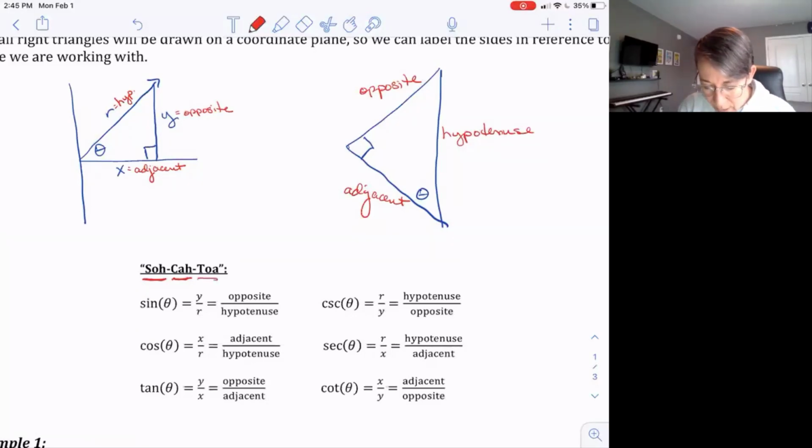So TOA, tangent, is opposite over adjacent. So some people use that phrase SOHCAHTOA to just remember opposite over hypotenuse or adjacent over hypotenuse, depending on which one they're using. So sine, opposite hypotenuse, cosine, adjacent hypotenuse, and tangent is opposite adjacent. If you know those three, then you already know all of their reciprocals as well.